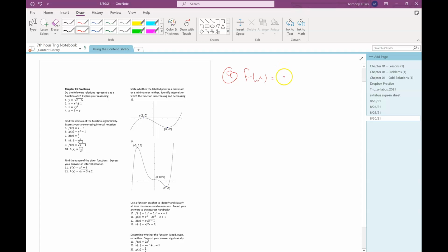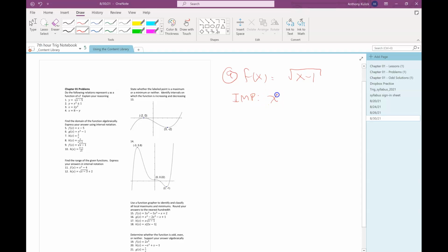So f of x equals the square root of x minus 1. The first thing I'll do is look at the implied domain.